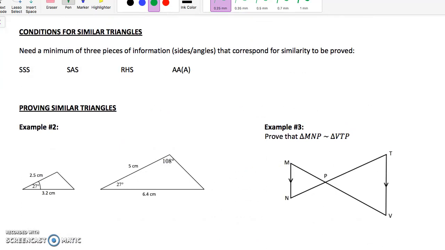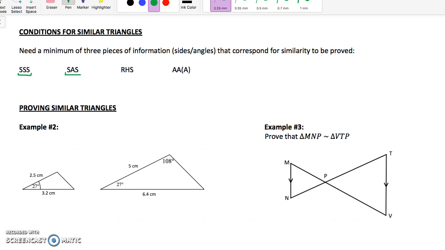So in fact, given 2 triangles, to prove that they are similar, that they are an enlargement or a reduction of an original triangle, we need to have at least 3 pieces of information that we can use to prove that they are similar, just like we do with congruent triangles. We can either know all sides, and check the ratio of all 3 sets of corresponding sides.